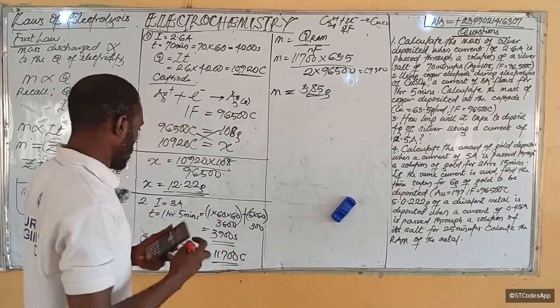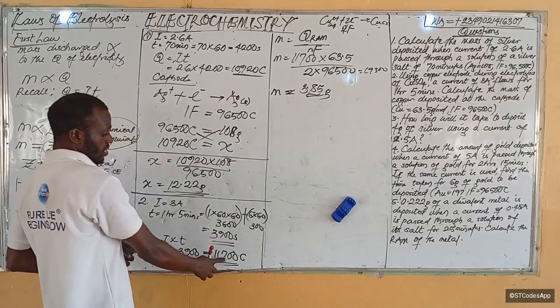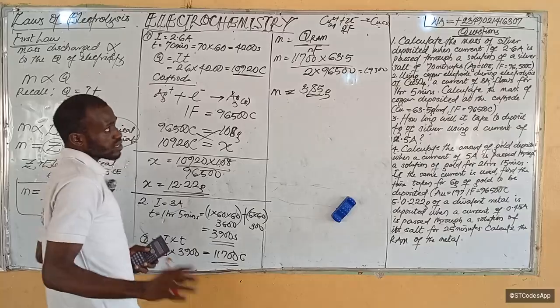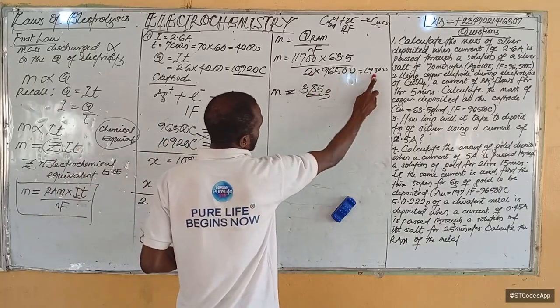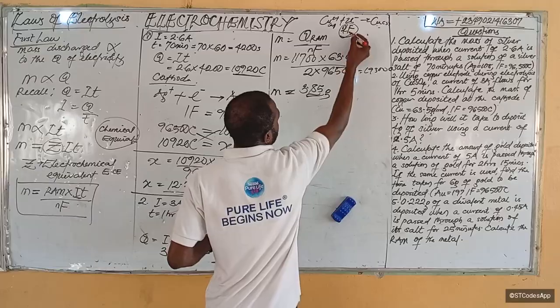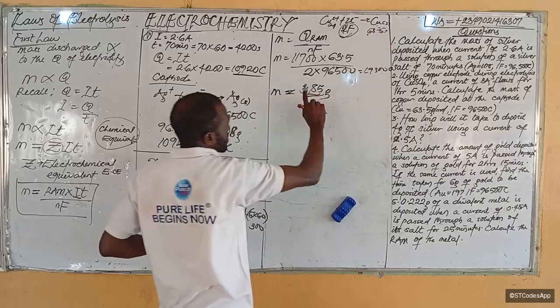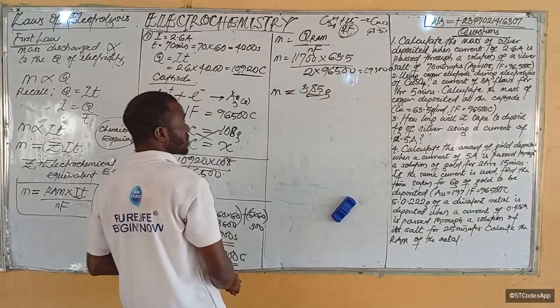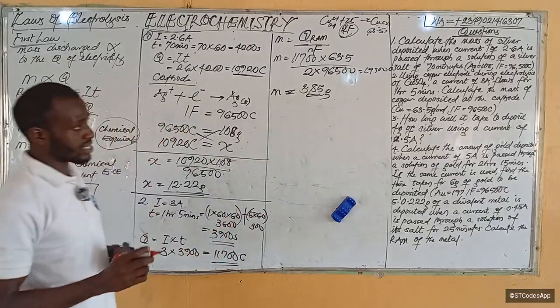Let's see if it makes sense. If 11,700 coulomb is passed, normally you pass 2 times 96,500, that is 193,000. It takes 193,000 to discharge 63.5 grams. So if you now pass 11,700, which is very, very less, you should get something this small. So that our answer makes sense.